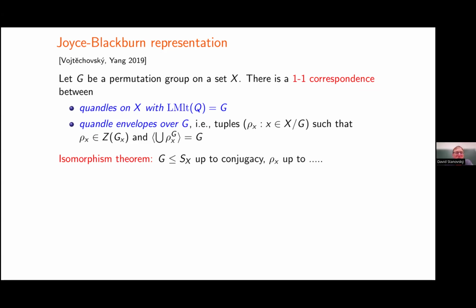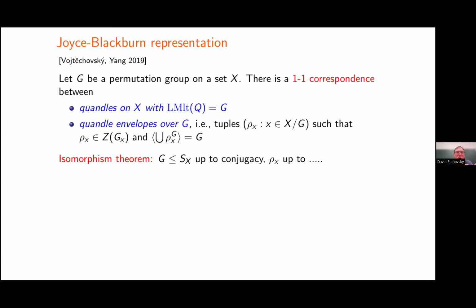over this group. So we call it a quandle envelope, and the quandle envelope over group G is a tuple. For each orbit of G, you take one element of the group. So rho x is an element of the group G, and we get one for each orbit of the action of G. And these elements from the tuple, these rhos, have to satisfy two conditions.